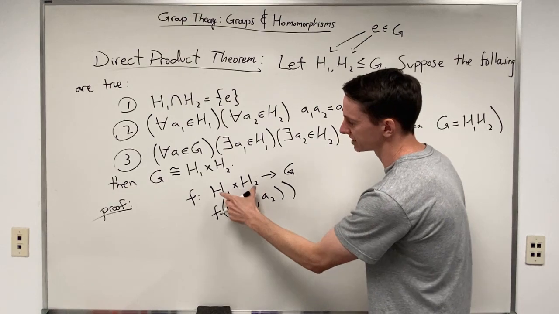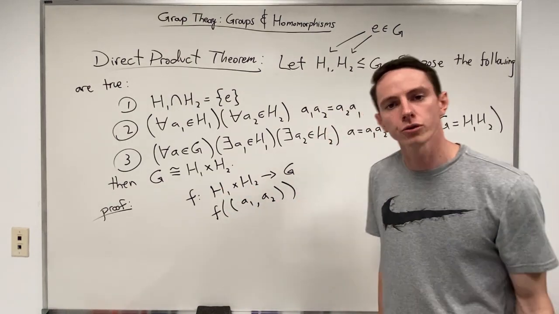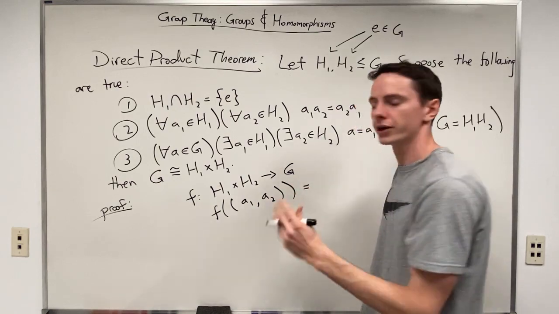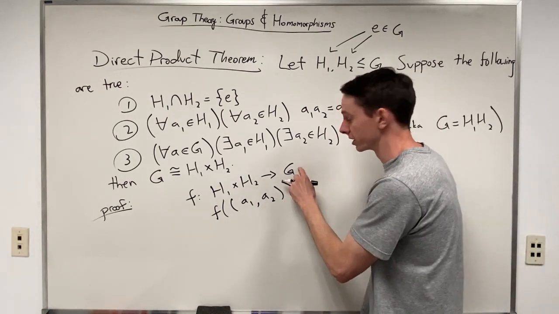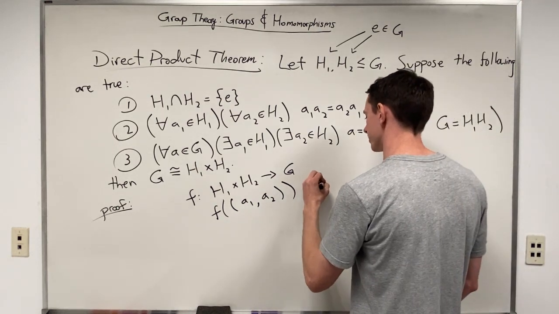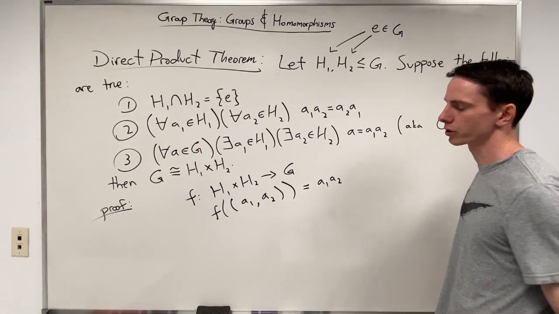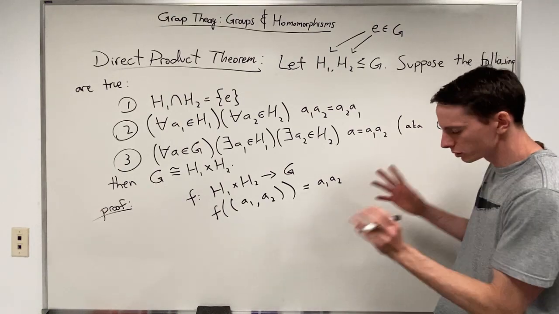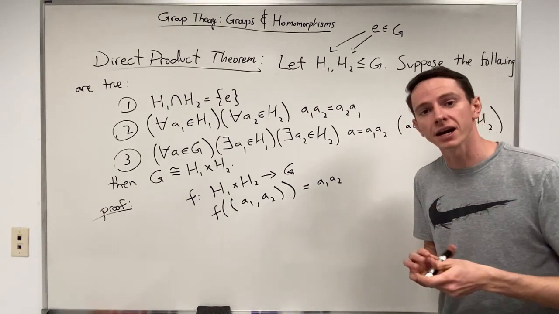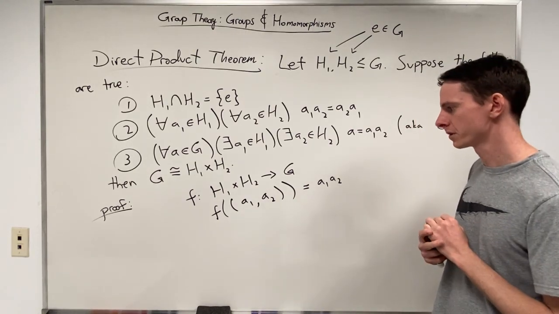So this ordered pair is an element of the domain, and it needs to spit out just some element of the codomain, G. So not an ordered pair, but just a single element, because we have a single set for our codomain. And we're going to call this A1 times A2. So this is the function that we're going to look at. And what we would like to do is to show that it is an isomorphism. It is a bijective homomorphism.